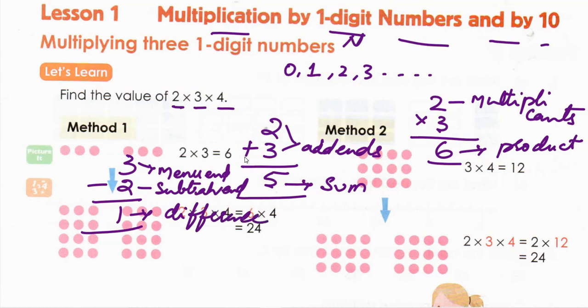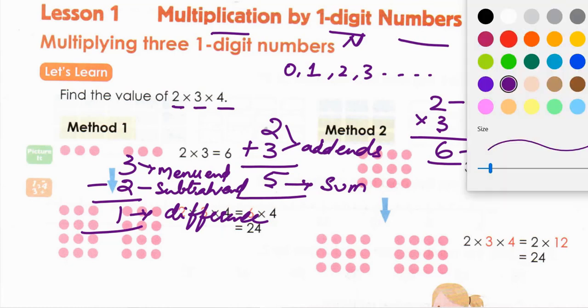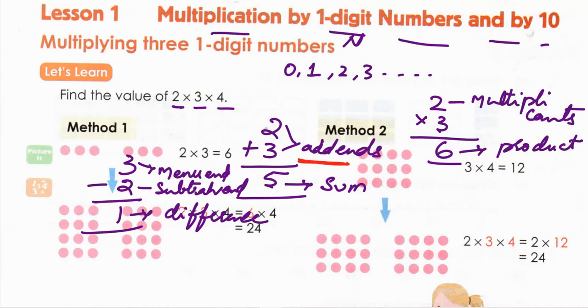And for division, I'll explain when the topic comes. I'll repeat it again. In addition, you call them addends. In subtraction, the first digit from which you subtract the other digit is called the minuend, the second digit is called the subtrahend, and the answer you get is called the difference.